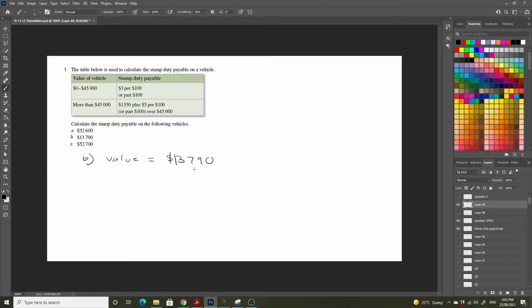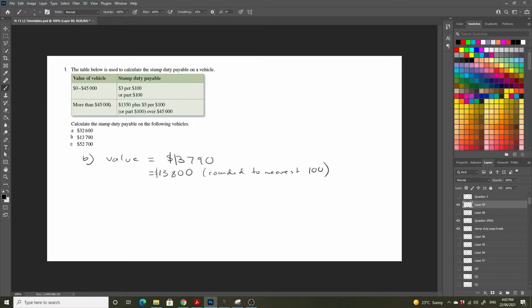Now we need to round this up to the nearest 100, so we round it up to $13,800, rounded to the nearest 100. And then we need to work out our stamp duty.